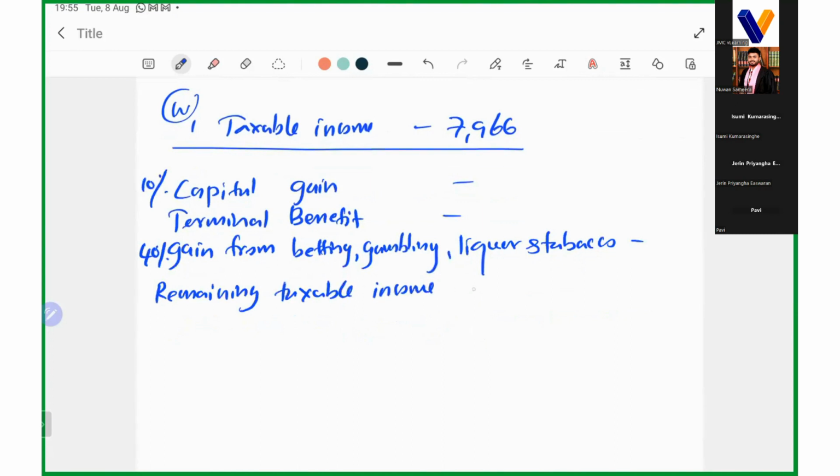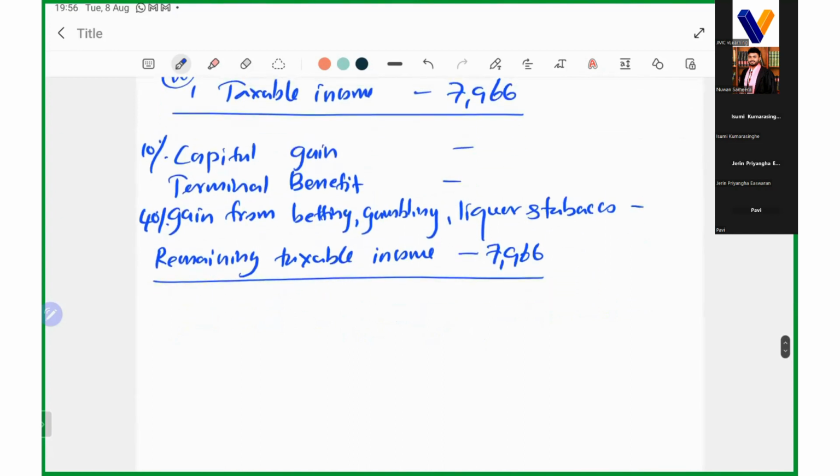The total taxable income is remaining. We don't have any other income, so the remaining taxable income should be taxed like this. You know, first 500,000 at 0, then the next 1,000,000 at 6%.